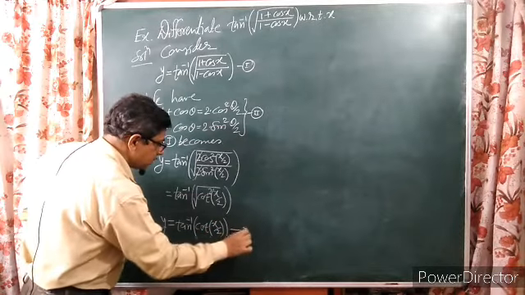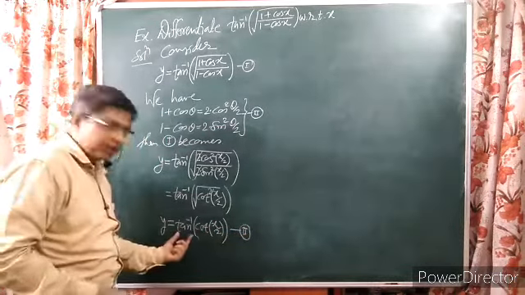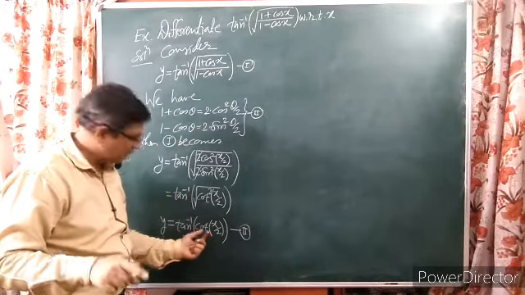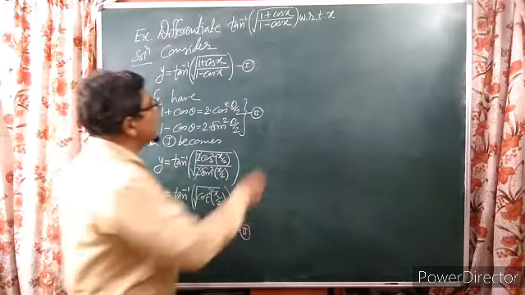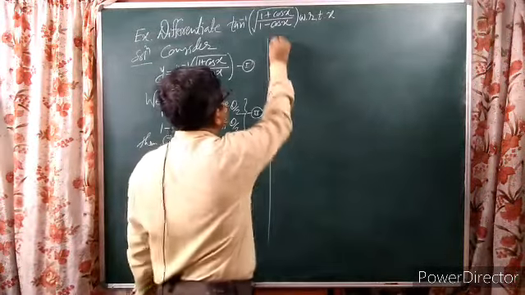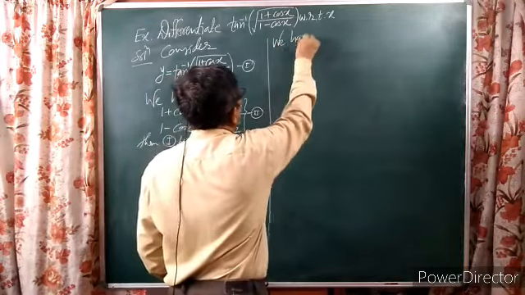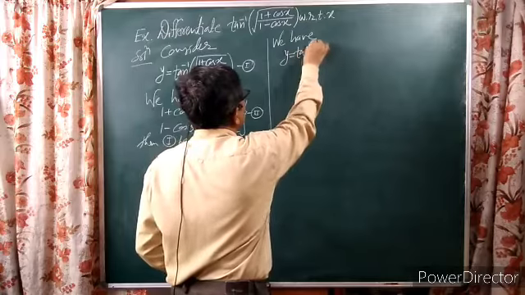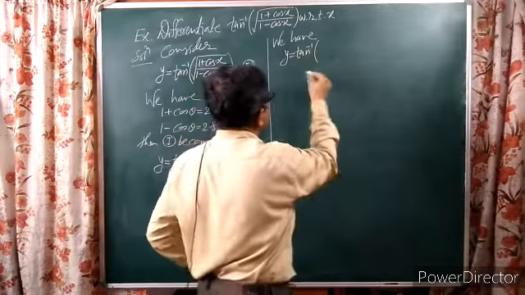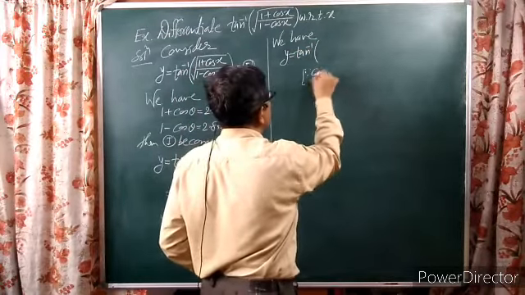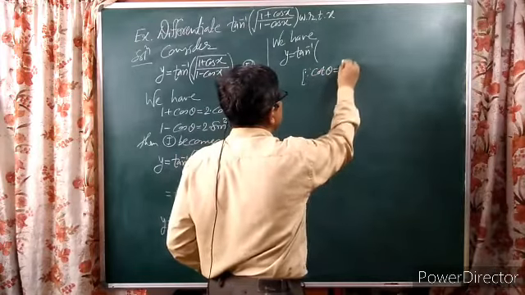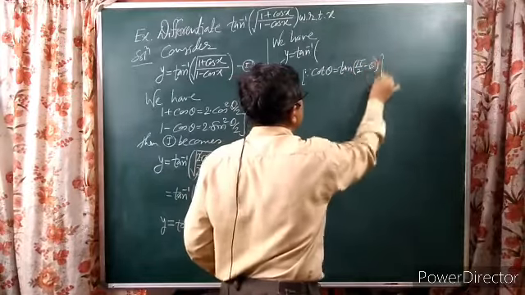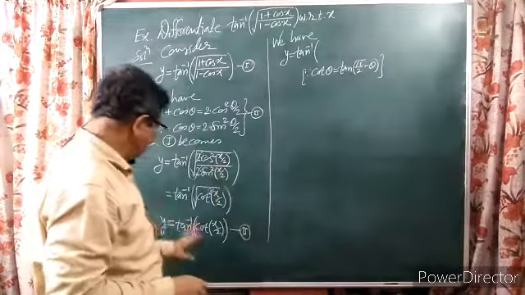I will call this equation 3. Outer function is tan inverse, inner function is cot. So we can't cancel it. Now convert cot in the form of tan. We can write cot of theta as tan of pi by 2 minus theta by the allied angle formula.